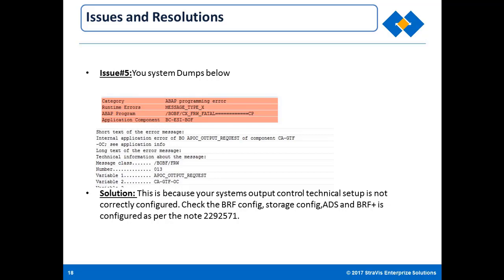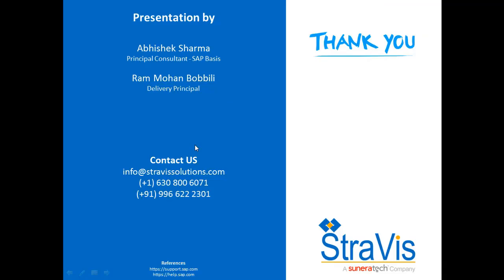You also need to have a content repository, which would be your SOMU_DB, which would store all of your PDFs or any of the data which is stored locally. You would need your ADS connected as well. All the 4 steps mentioned in note 2292571 have to be followed appropriately to get rid of this dump that you see.